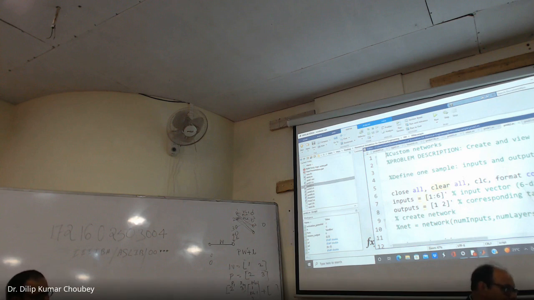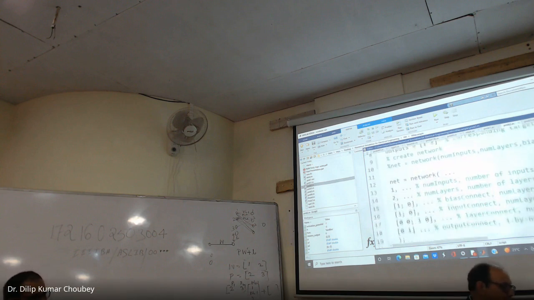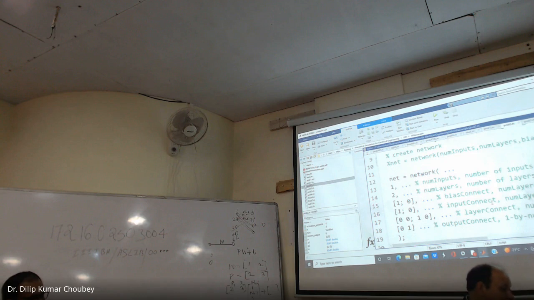Now how do we go to the customized networks? There is an inbuilt network in MATLAB. You can consider newff, the feed forward network in the system. But if you use your own network, you customize the network in your system.